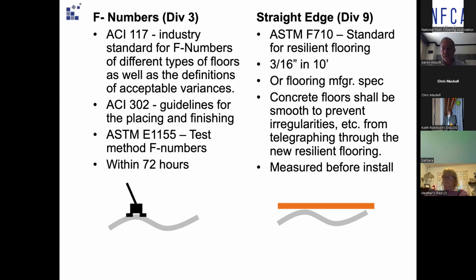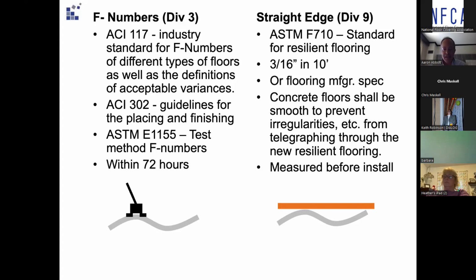Instead of a floor flatness of, say, 50 in Division 3, they're seeing a specification that says this floor covering should be installed over concrete that is no worse than 3/16 inch in 10 feet, or 1/8 inch in 10, etc. Or the flooring manufacturer themselves might specify the flatness that's required for their flooring.